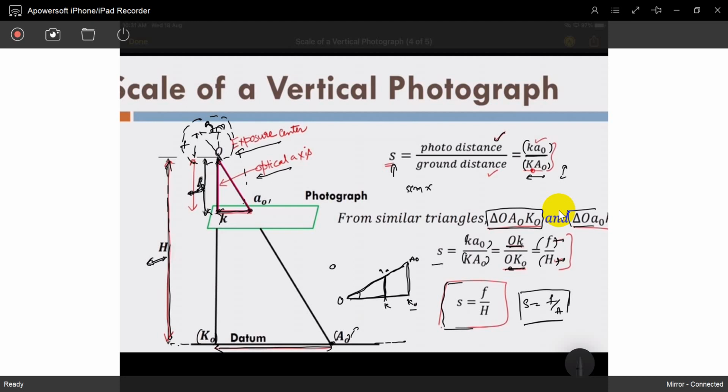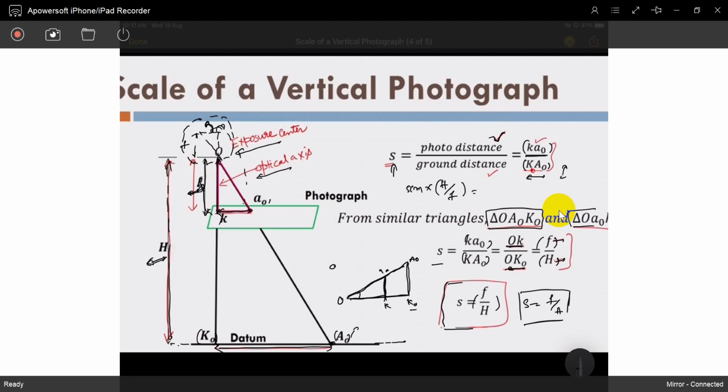You multiply by capital H divided by small f. This is photo distance by ground distance, so you can take the reciprocal.